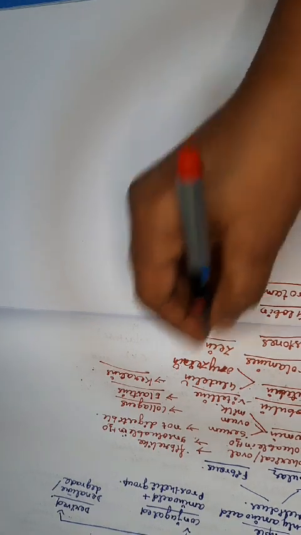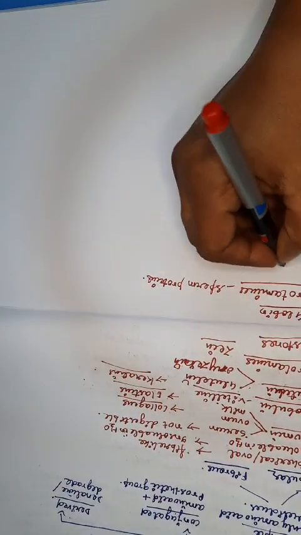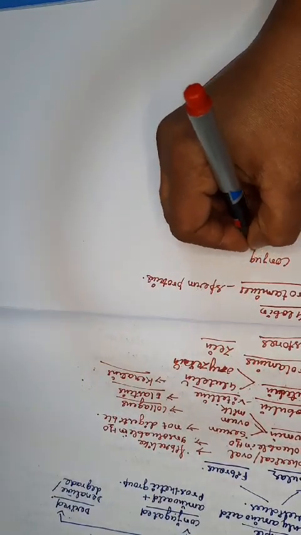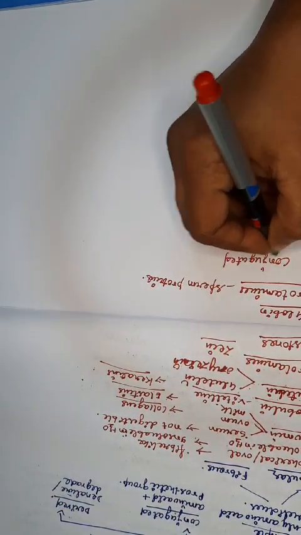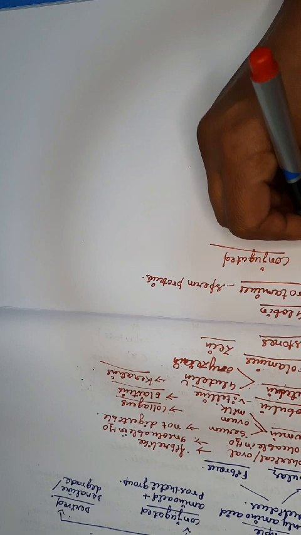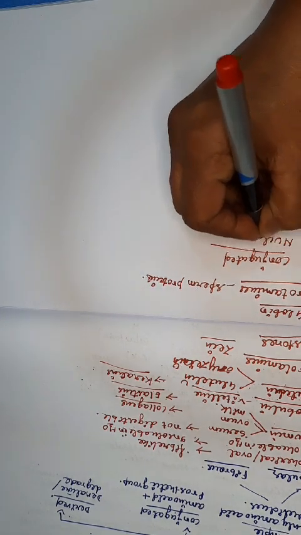Now let us move over to the category of conjugated proteins. Conjugated proteins, obviously, will have a prosthetic group attached to them. So here you will find that nucleoproteins are the first under this category.